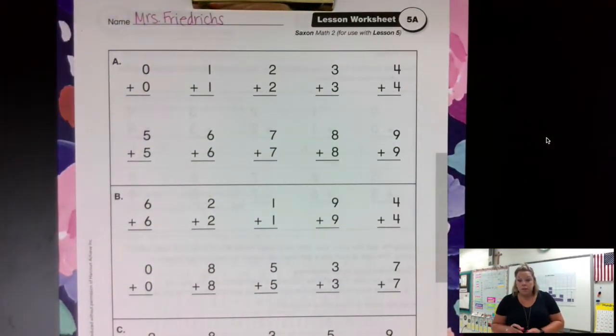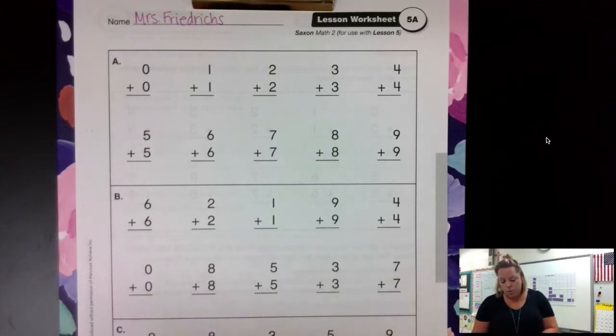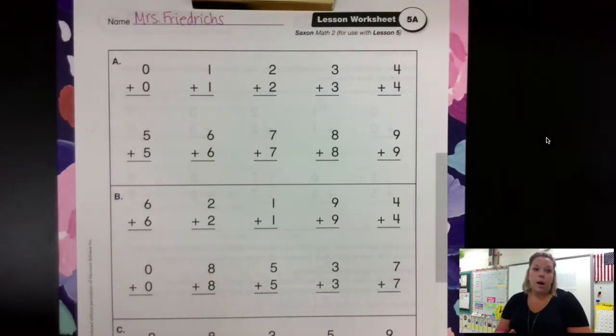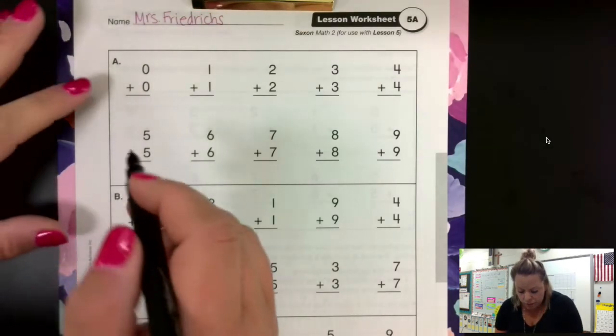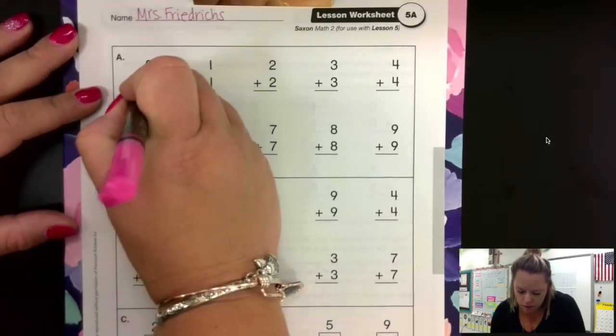Okay, now that your name is on your paper, we're going to go ahead and get started by practicing writing out these double facts. So here we go. We have 0 plus 0 equals 0.